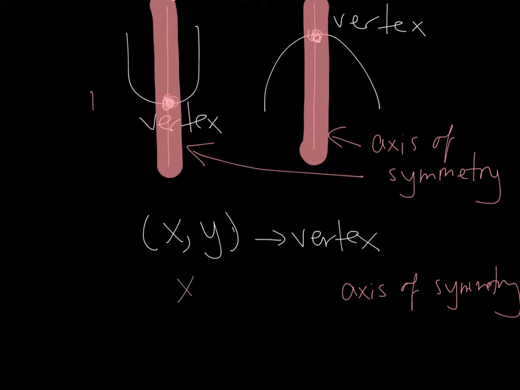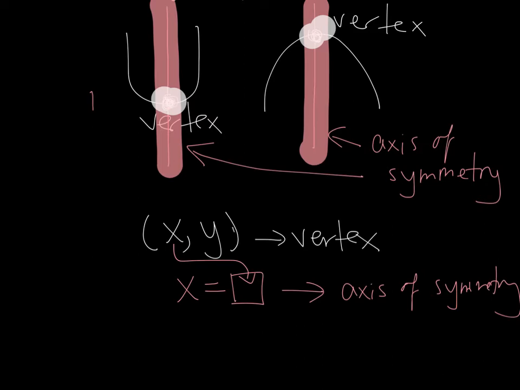It looks like this: x is equal to a certain number. And what is this number anyway? That's the answer for the axis of symmetry. But that number is going to be this value x, because look, the axis of symmetry is right there on the vertex. So that's why the equation for the axis of symmetry is going to look like this: x is equal to a certain number right there.